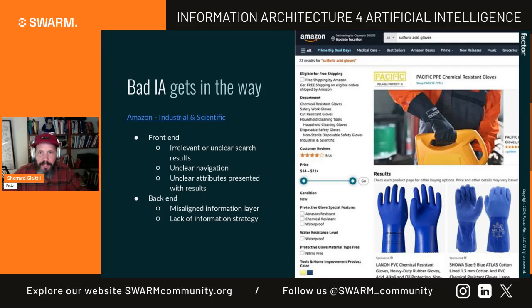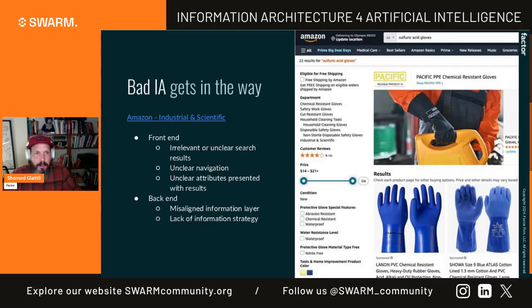And the information strategy here is different from McMaster-Carr in the sense that ostensibly the information strategy here is to provide industrial supply equipment in a relevant way to customers.